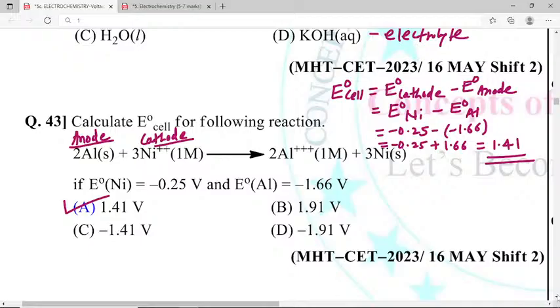So minus minus becomes plus, minus 0.25 plus 1.66, taken as 1.41. In subtraction, the sign becomes that of the higher value, always remember. So the higher value is positive, and 1.41 is your answer.